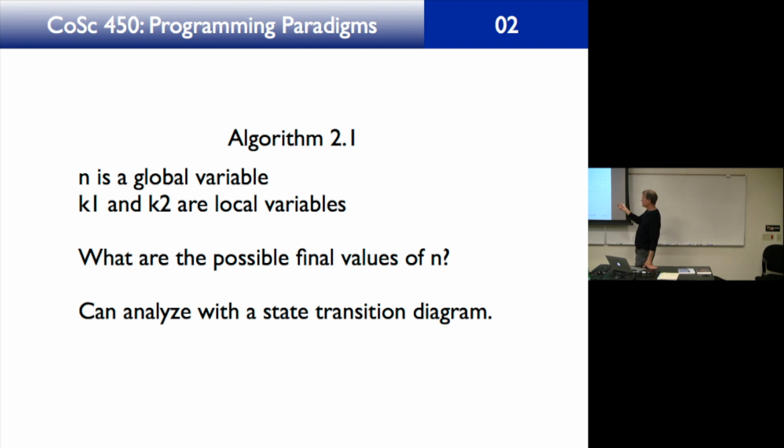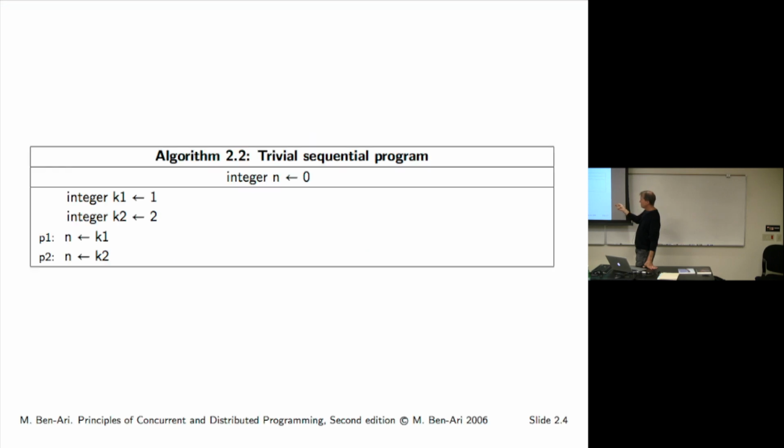Here's a trivial sequential program, so this is not concurrency. Here we have integer n initialized to 0, K1 initialized to 1 and K2 initialized to 2. Statement P1 is n gets K1, and statement P2 is n gets K2.